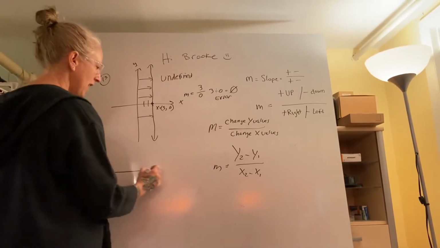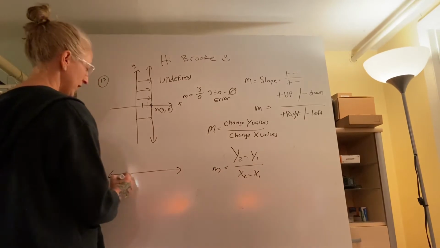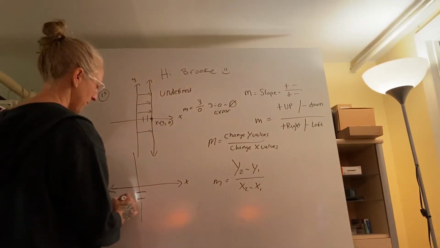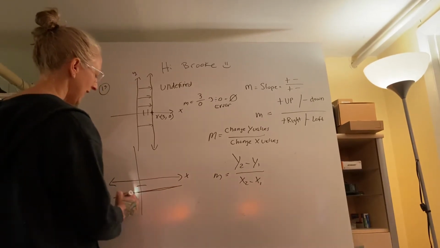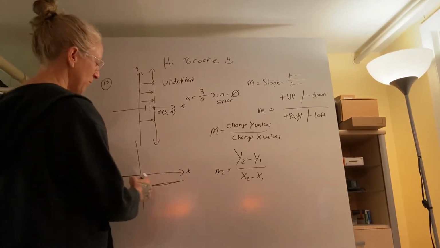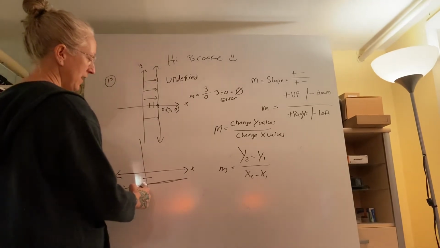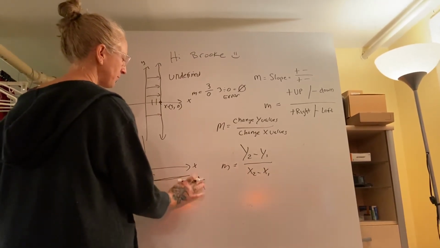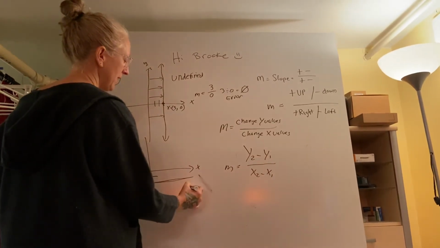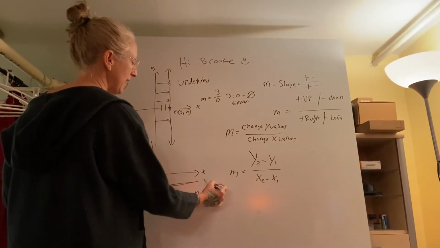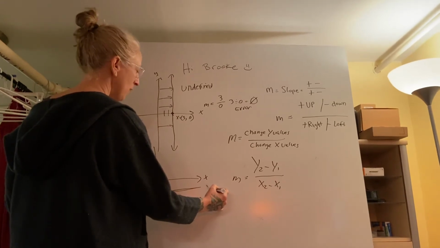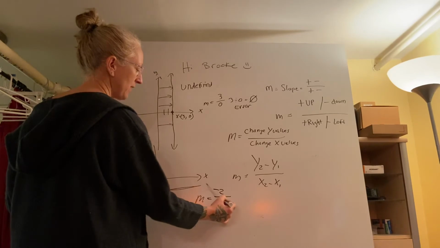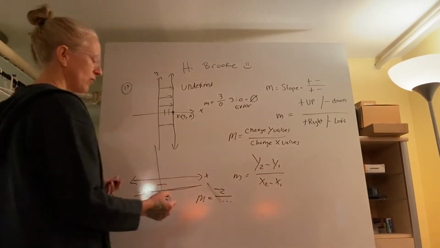If it's a horizontal line, like in number 14, there's a horizontal line at -2, right? In that case, the x value changes, but the y value stays the same. So in this case, your slope would always be -2 on top, divided by whatever your x values are.